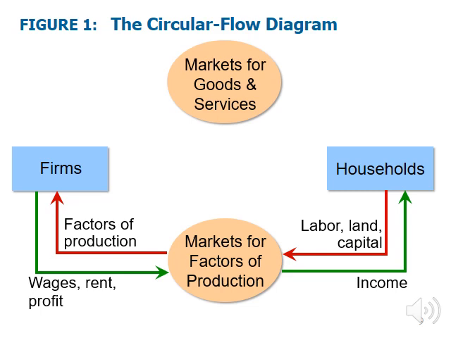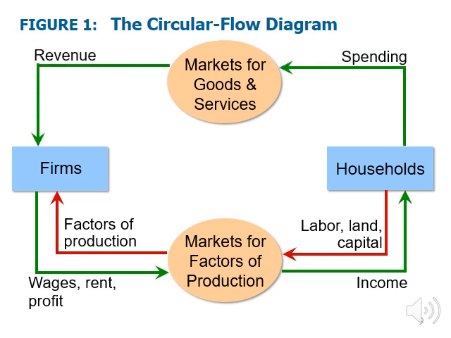This revenue then is paid out in wages, rent, and profit. This wages, rent, and profit is the remuneration for the factors of production. Notice that each input has its own remuneration. Labor is paid wages, land is paid rent, and capital is paid profit.